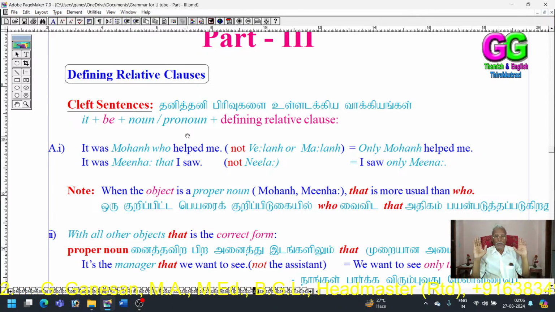Both the relative pronouns can be used, but that is more useful than who. In other places, when the object is not a proper noun, the pronoun that alone should be used. Thirdly, in the cleft sentence, when the subject is a non-personal one, there that alone should be used. These are the three things we will see.